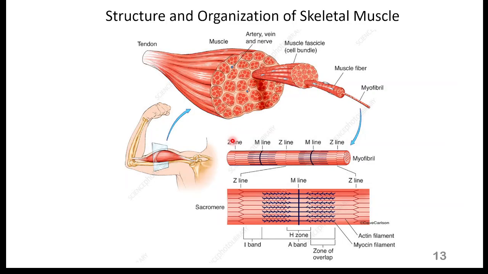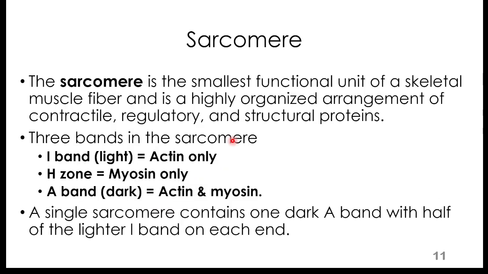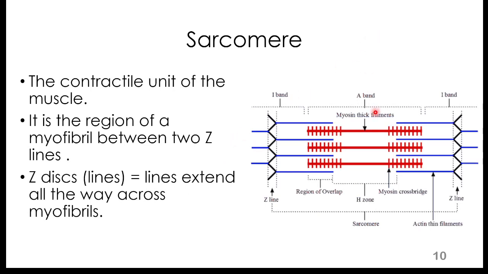During contraction, these actin and myosin filaments move relative to each other, such that you can imagine if these actin filaments, which are illustrated blue here, were to approach each other, it will result in a situation where the H zone will shorten.